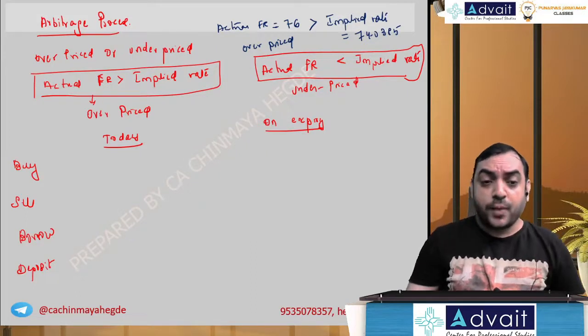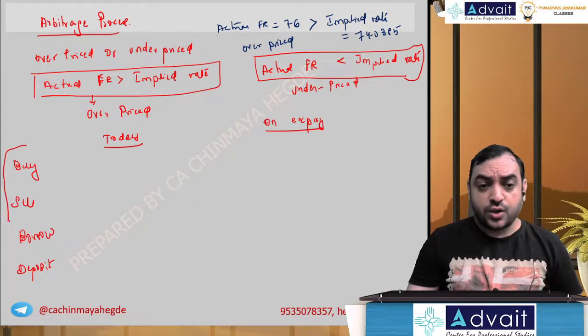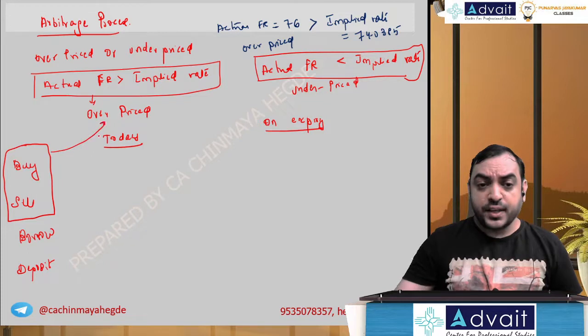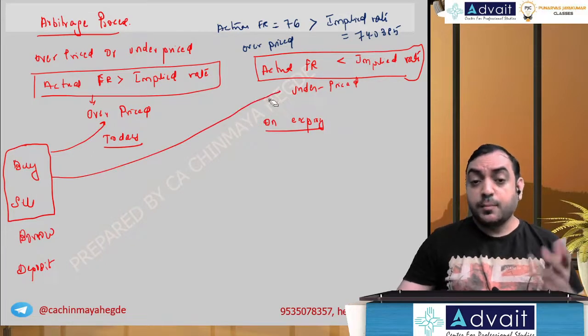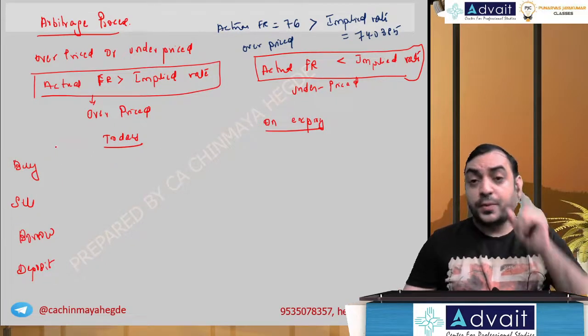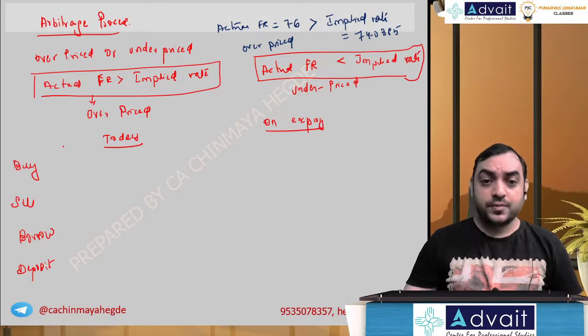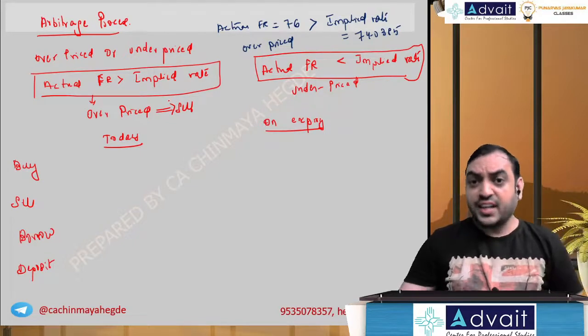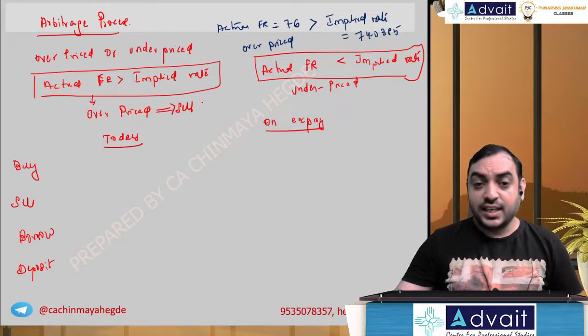Now, buy or sell depends on whether it is underpriced or overpriced. If it is overpriced, you need to sell. And what is overpriced? The forward rate is overpriced. So sell forward.